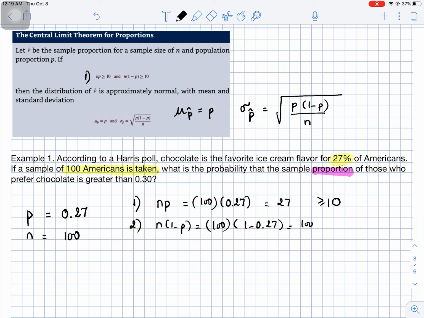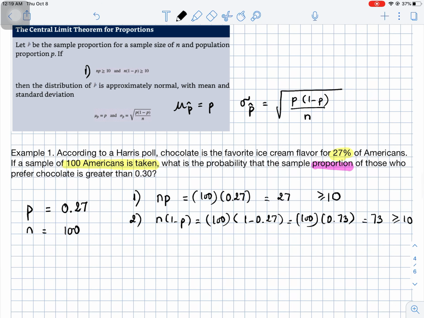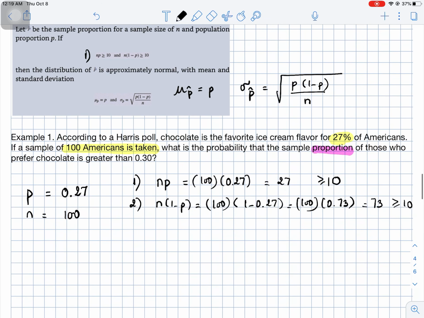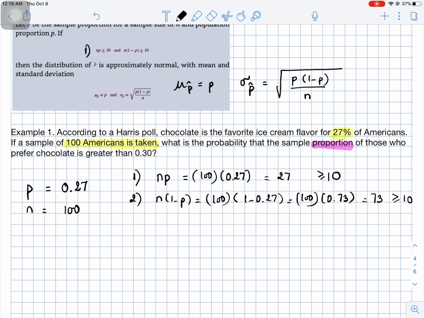Another condition is n times 1 minus p. So n is 100 and 1 minus 0.27. We get 100 times 0.73, which is equal to 73. That is also greater than 10.